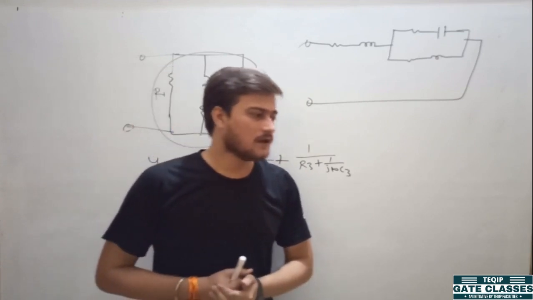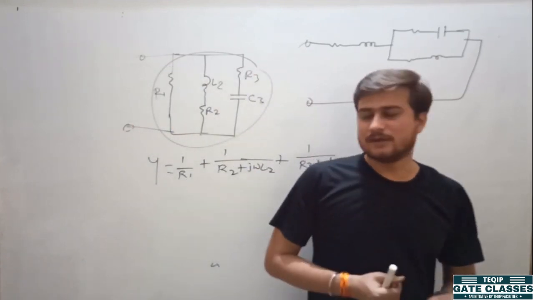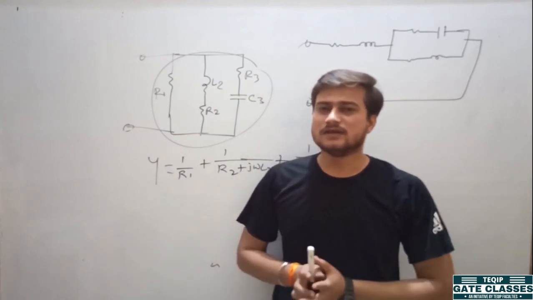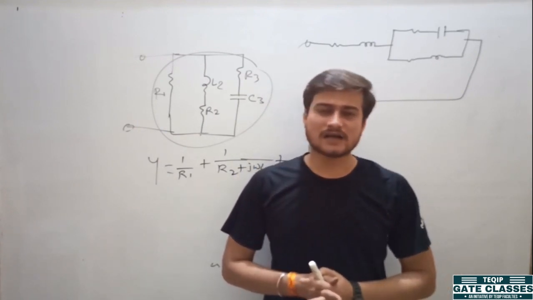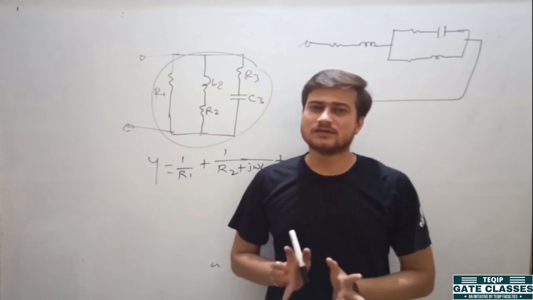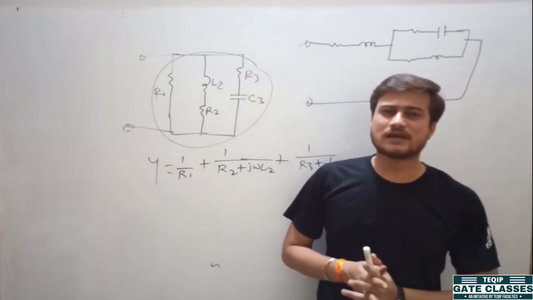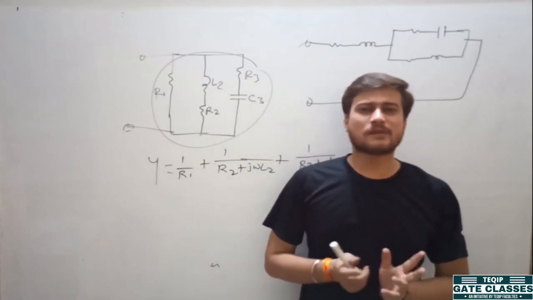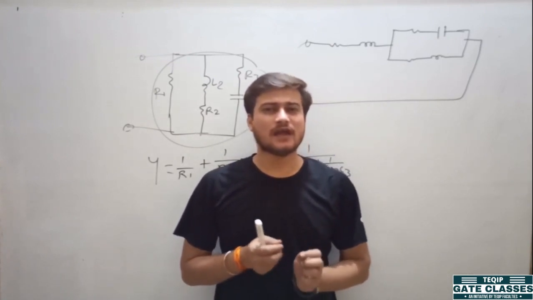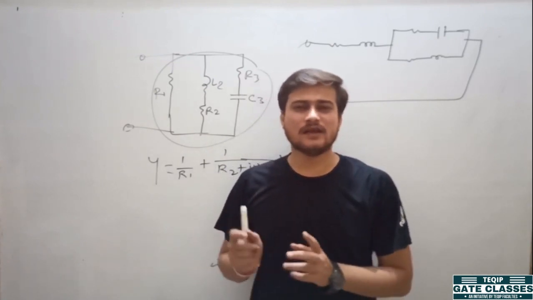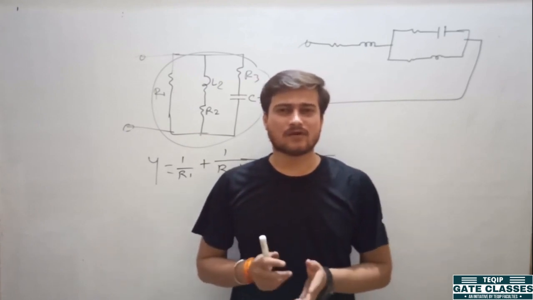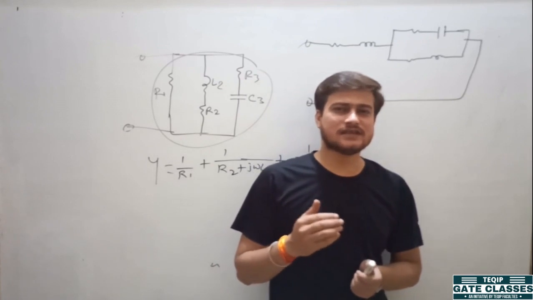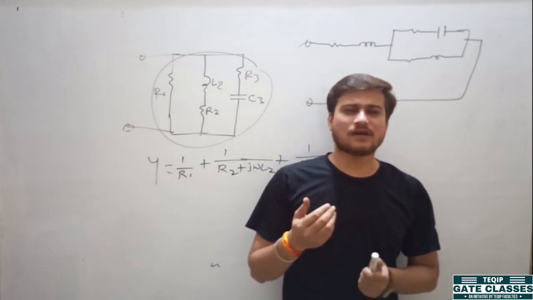Clear? So in this way we simplified the topic of resonance. I discussed the previous year GATE questions asked on this topic. So in the next video lecture I will discuss how to find the average power dissipation in AC circuits, because in GATE examinations from sinusoidal AC analysis generally two types of questions are asked.